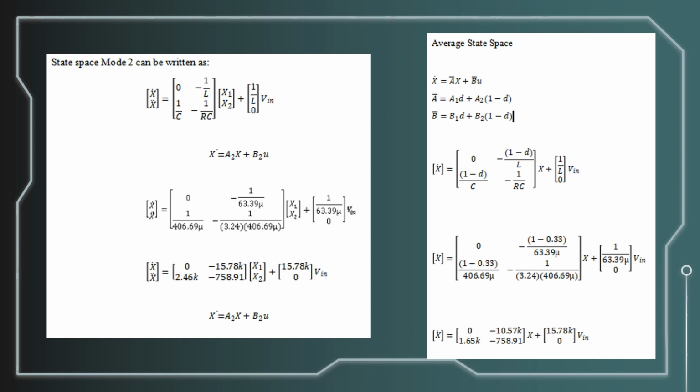This is to create the matrix for state space mode 2, and then we convert to the average state space for mode 1 and mode 2.